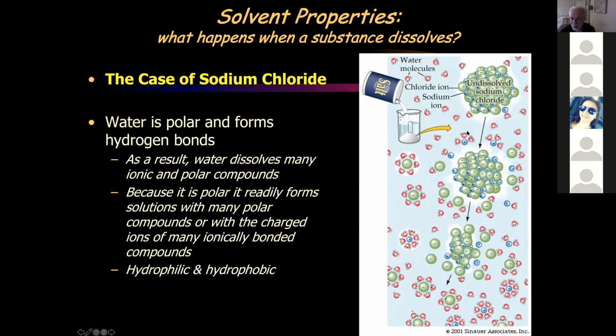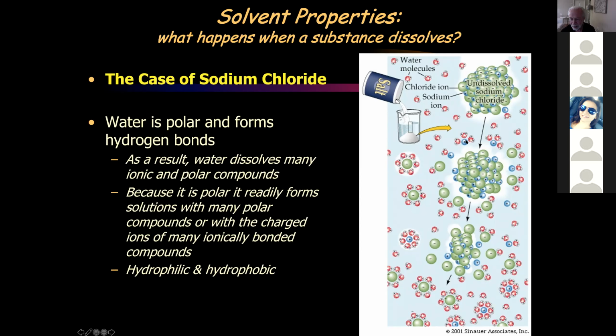Now, when water comes along, water is a polar compound. Oxygen in water is the little red balls. And oxygen has a negative side. The two hydrogen atoms have a positive side. So when they come in contact with a blue sodium ion, notice that the oxygen atoms turn in toward the sodium.